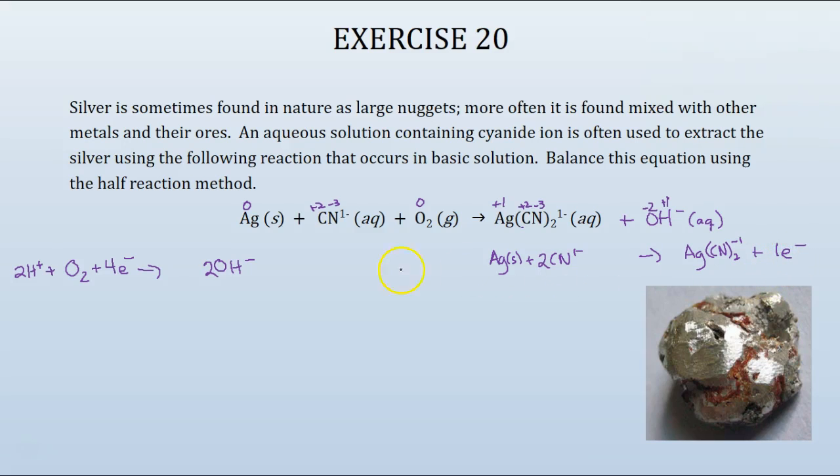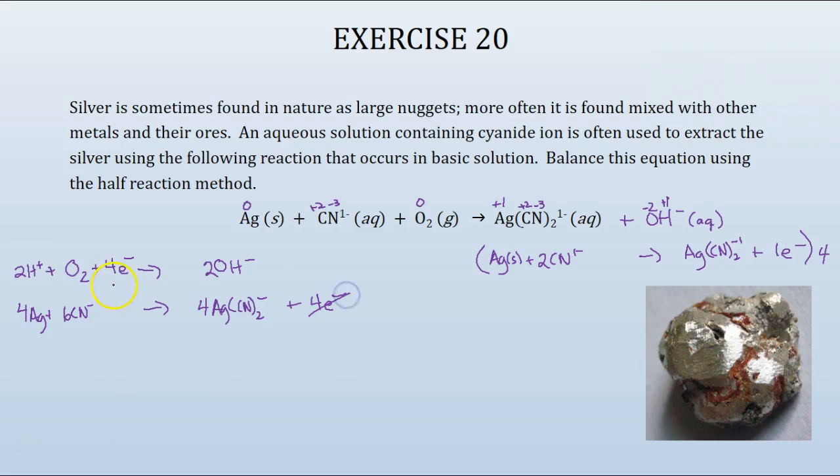I see that I have 1 electron. I see that I have 4. So this guy is going to be multiplied by 4. So I'm going to take 4 Ag plus 6 CN minus, and that is going to give me 4 Ag(CN)2 minus plus 4 electrons.